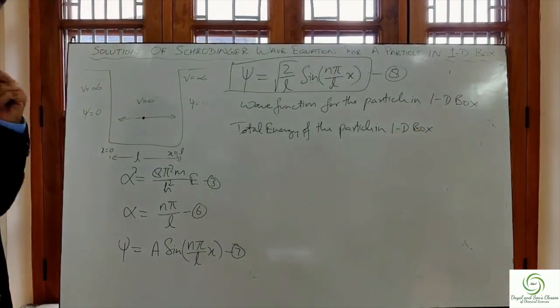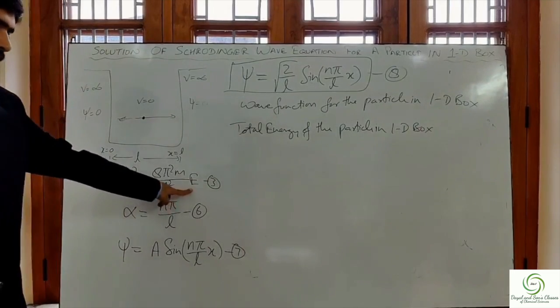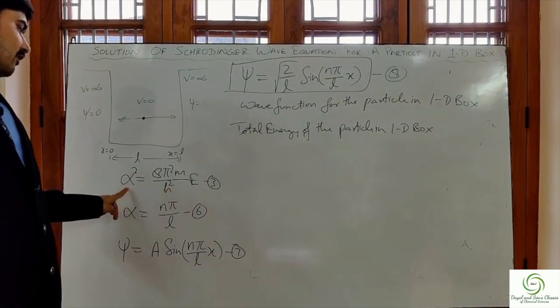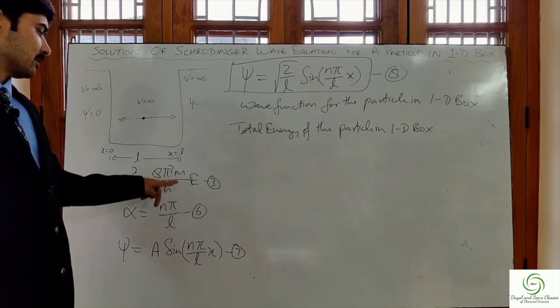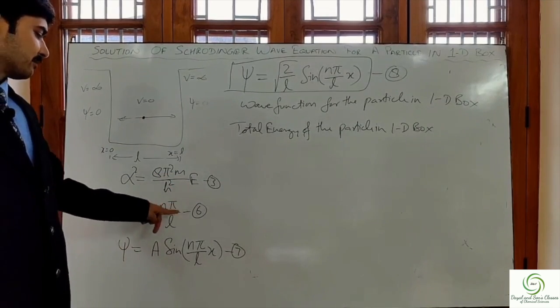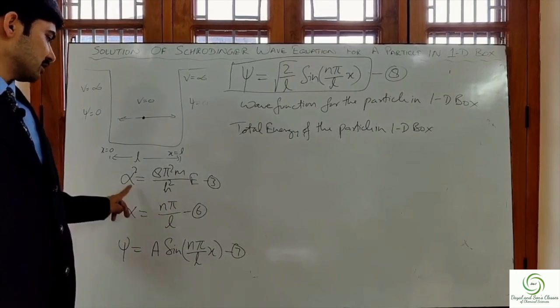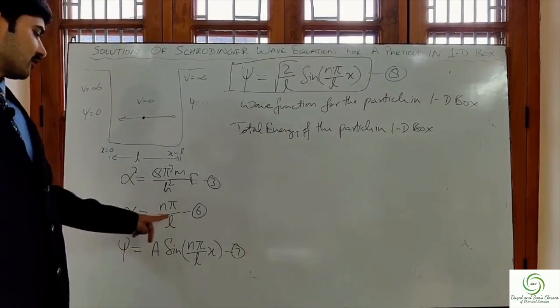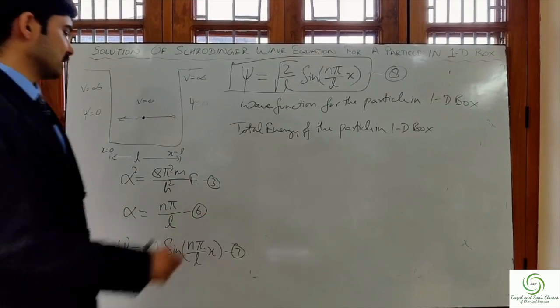From where can I get it? Now look, equation number 3 says alpha square is equal to 8 pi square m upon h square into E. And the 6th equation says alpha is equal to n pi upon L. So we'll replace the value of alpha from equation number 6 in equation number 3.